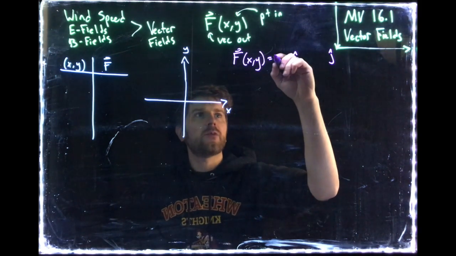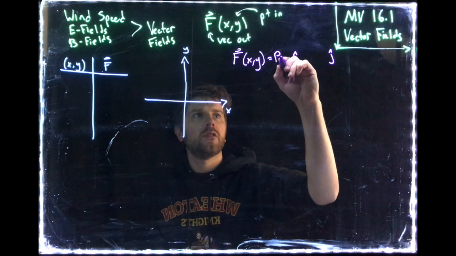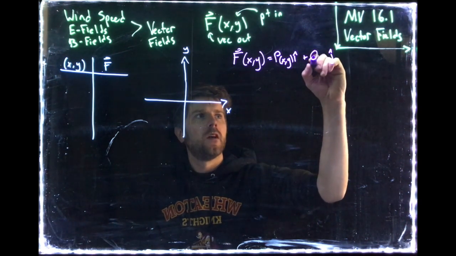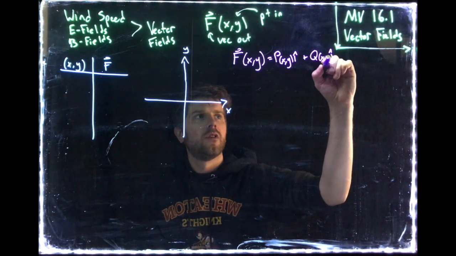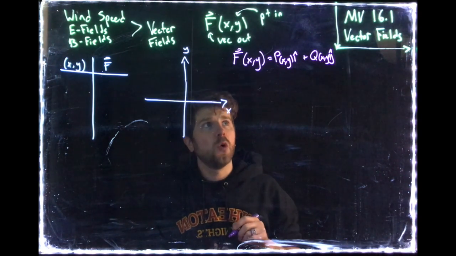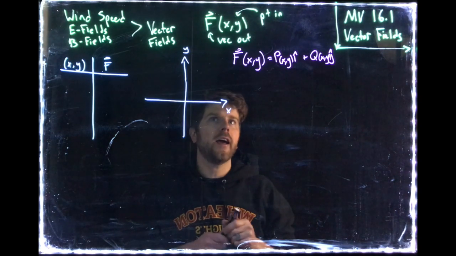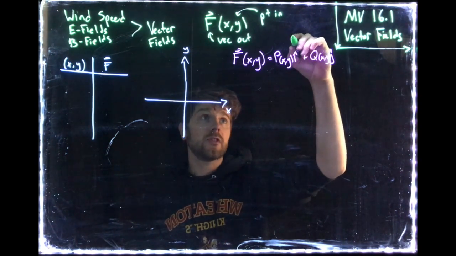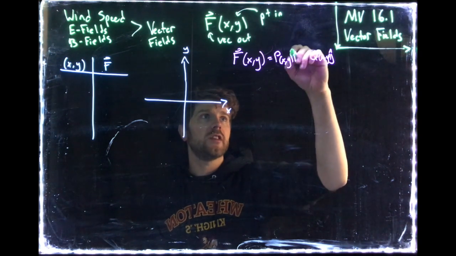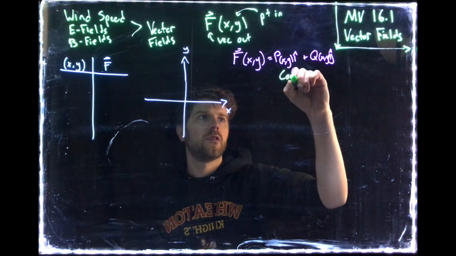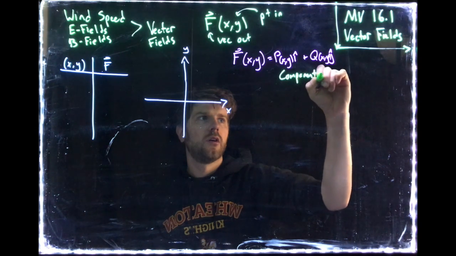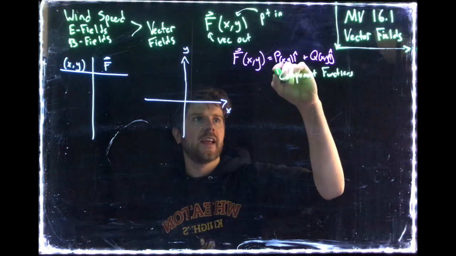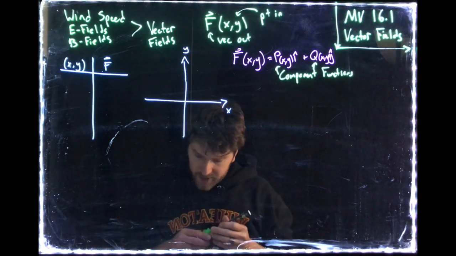So we usually say we've got one function, p of x, y, and another function, q of x, y, where p controls the i hat component and q controls the j hat component. Note that these are scalars, and we refer to these as component functions. They are scalar functions.